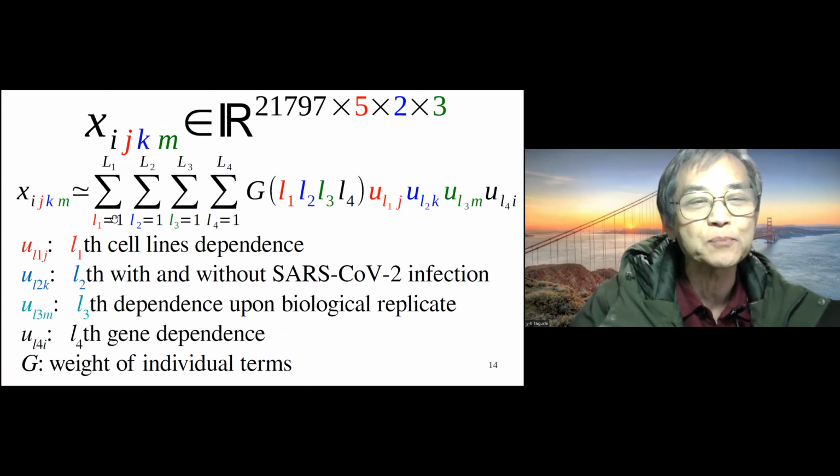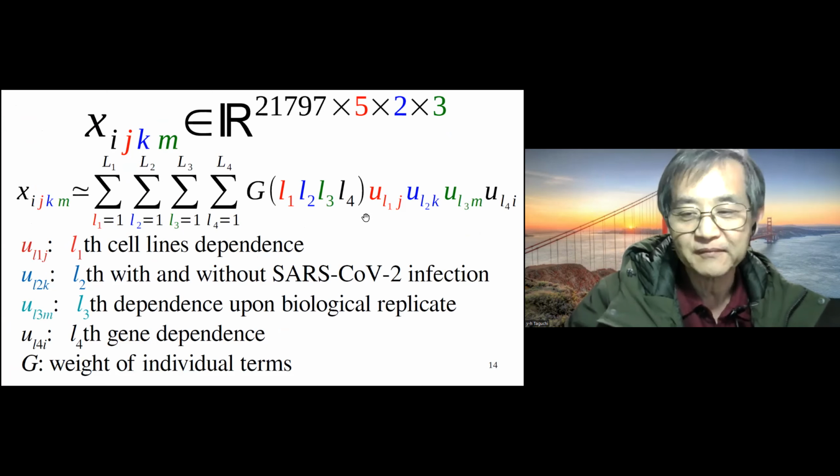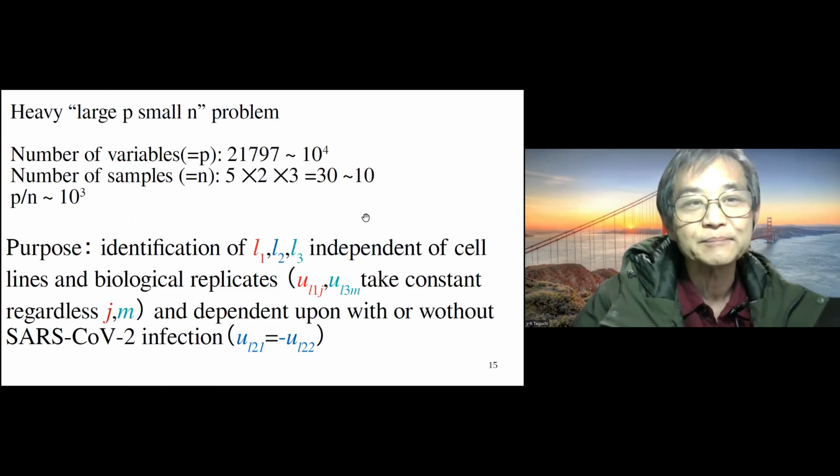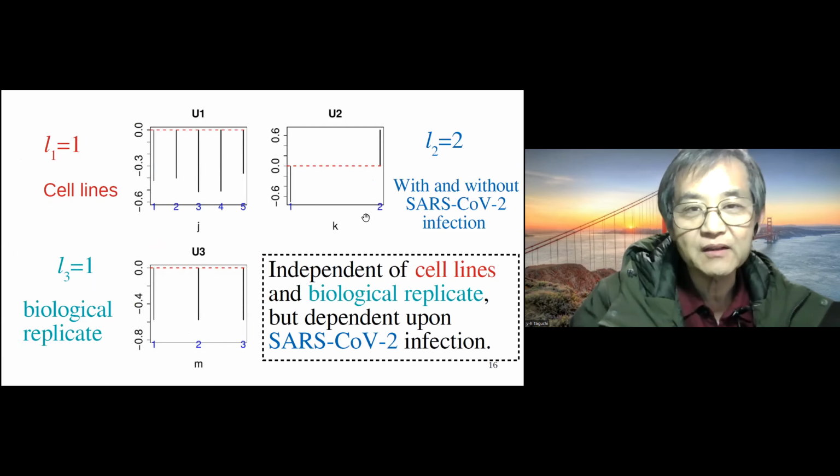Now we can expand into the cell line vector, a vector representing whether it is an infected cell or not, this is a virus replicate vector, and this is a gene vector. Then we can check these three. This is the result.